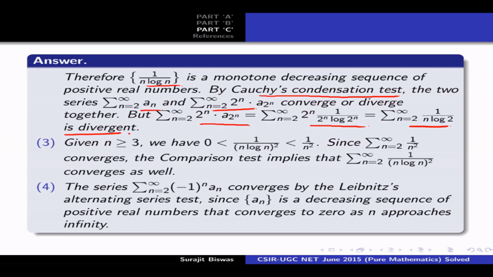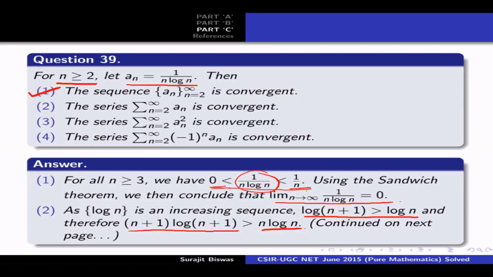So therefore the initial series that we started with, that is n equal to 2 to infinity a_n, is also divergent. That is, the statement that the series summation n equal to 2 to infinity a_n is convergent is wrong.